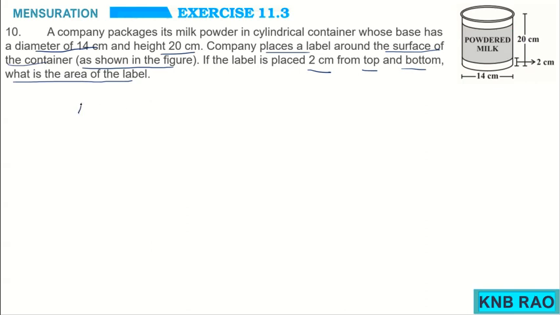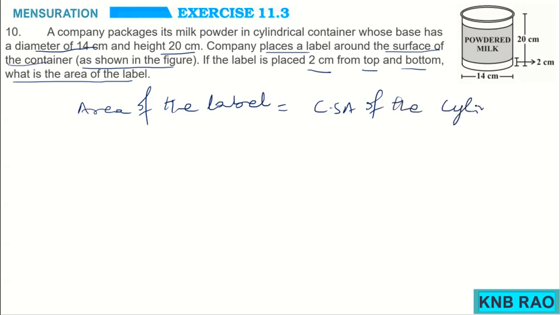So the area of the label is CSA of the cylinder for the height H 16 centimeter and radius, since diameter is 14, radius is 7 centimeter.